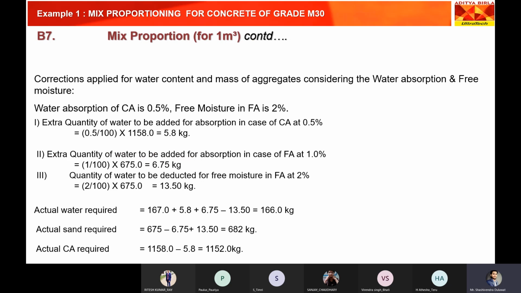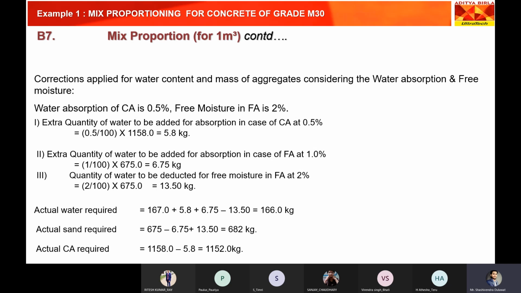Similarly, we will calculate: the water absorption of coarse aggregate is 0.5%, and the free moisture in fine aggregate is 2%. So the extra quantity of water to be added for absorption in case of coarse aggregate at 0.5% is 0.5 divided by 100 into the quantity of coarse aggregate, 1158.